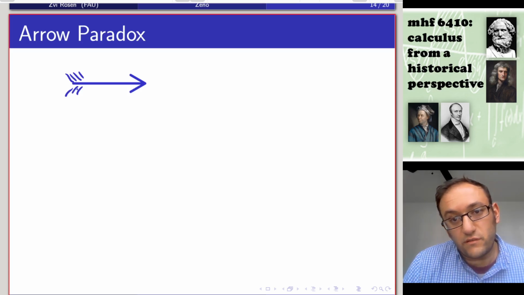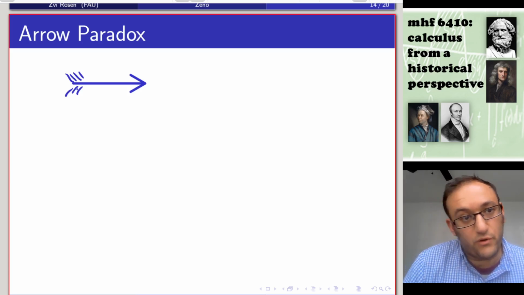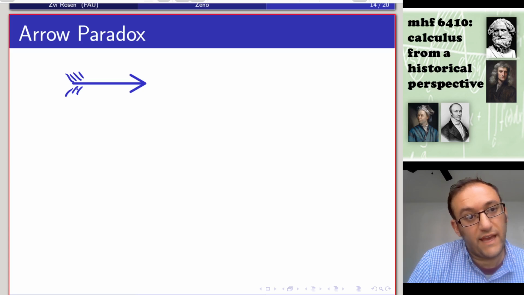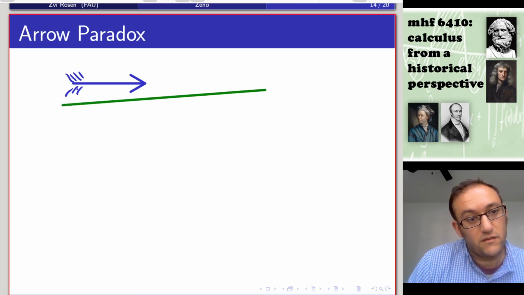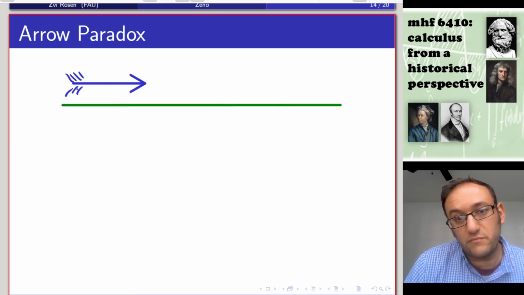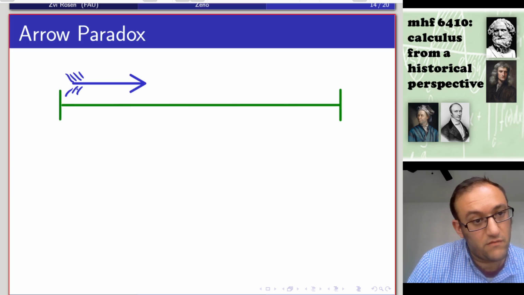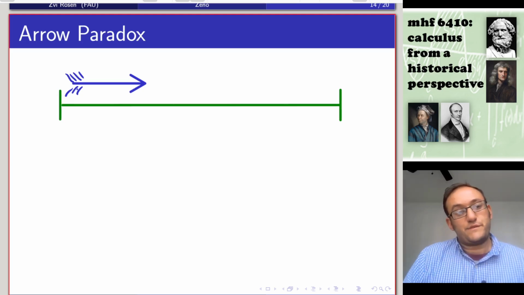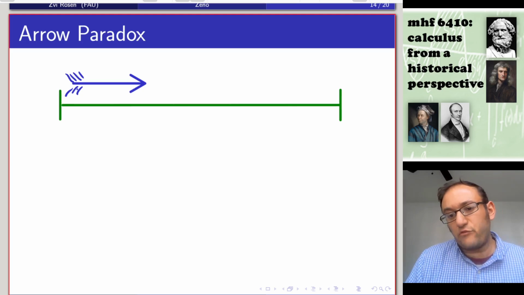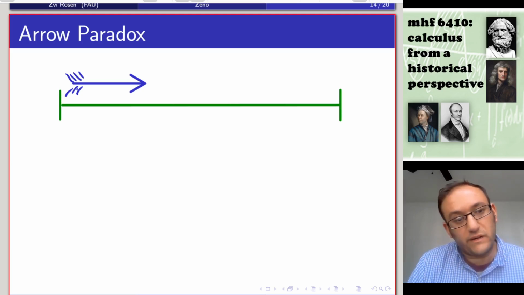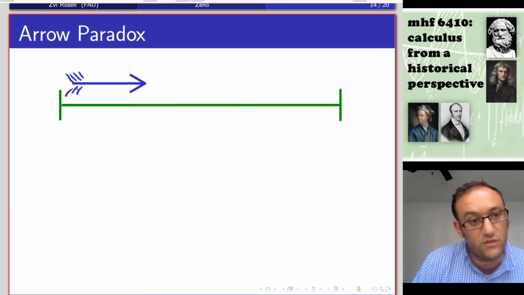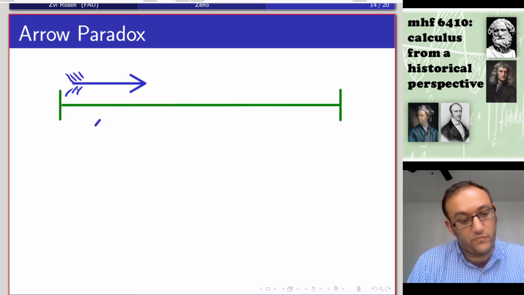So, we shot this arrow out of a bow, and it's going to go some distance. So, how would we tell how fast the arrow goes? Well, we'd measure the distance that it's going, and we'd time how long it takes to get there. So the speed will be the distance over time.